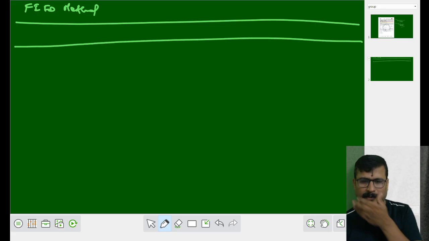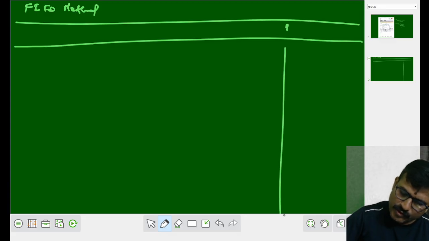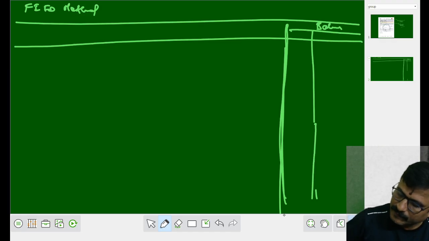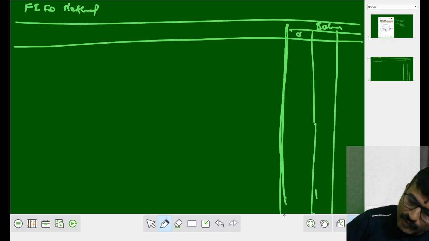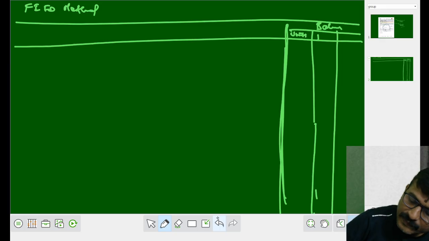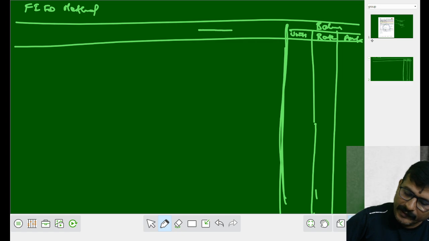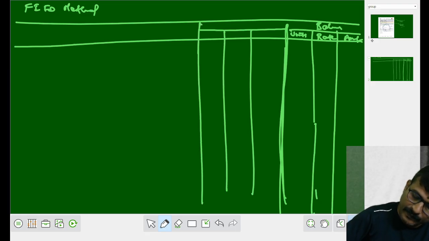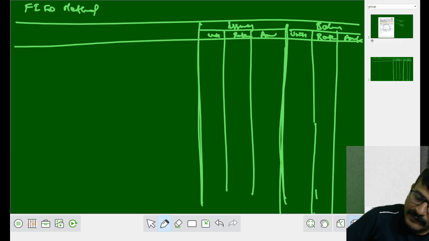How to prepare the format? See here, we used to have a balance column with three columns: units, rate, amount. Similarly, we need to have issues: units, rate, amount.